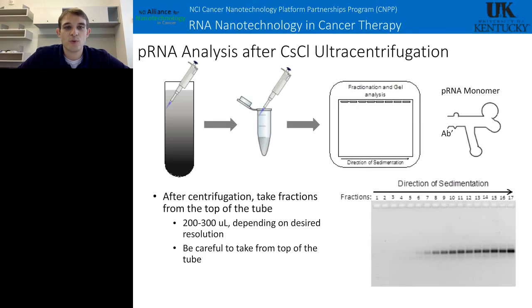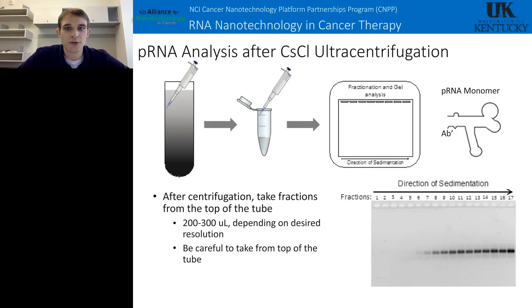After you do your ultracentrifugation, you will take fractions; it depends on the resolution you want. 200 to 300 microliters is normally fine. You collect these fractions from the top, being careful to take it directly from the top so you can keep your resolution as high as possible.